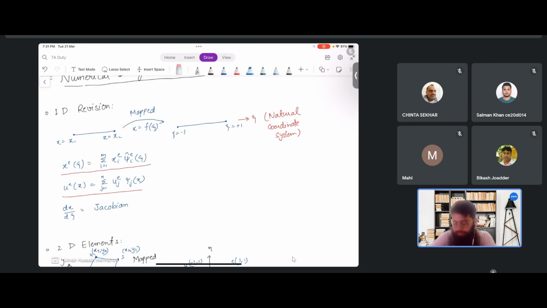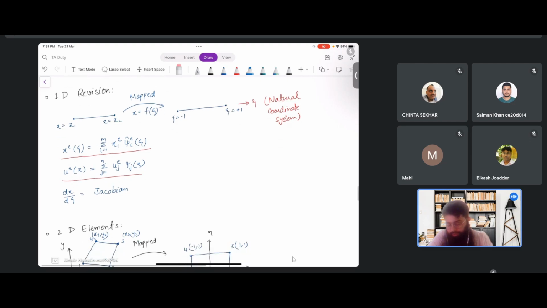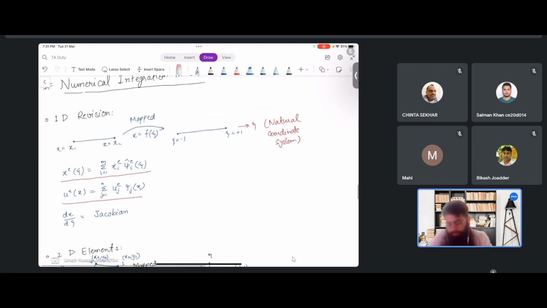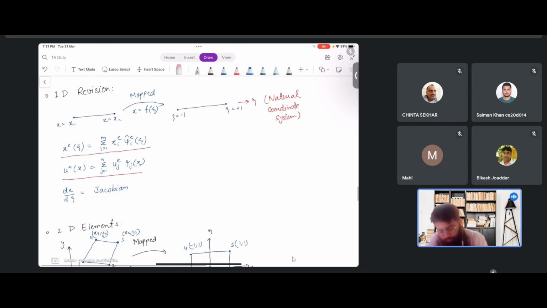The approximation function approximates the solution, and the shape function approximates the geometry of the elements. We also had an important term called the Jacobian, which was the derivative of the mapping function with respect to zeta.